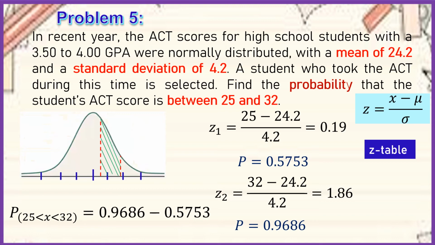So always subtract the bigger one first minus the lesser one because there is no negative area in the history of mathematics. So in doing this, we get 0.3933. Since we are looking for the probability, our final answer would be 0.3933.